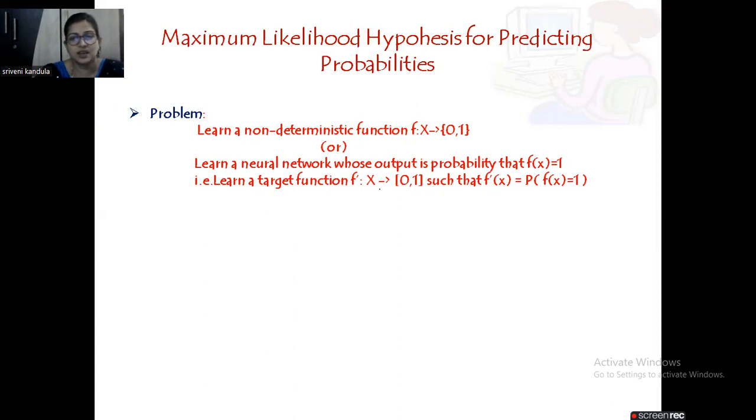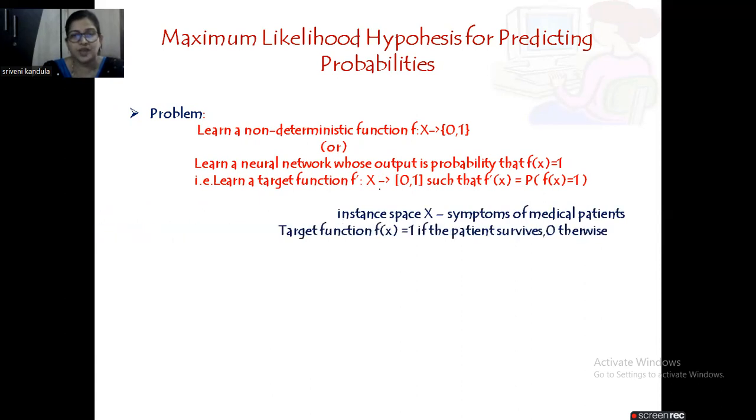Okay, let us understand this more clearly with the help of an example. Let us take x, the instance space, as symptoms of medical patients, and let's take the target function f of x as 1 if the patient survives, 0 otherwise. So here the case that we are taking is we have a training set, a set of patients who have similar symptoms related to a particular disease.